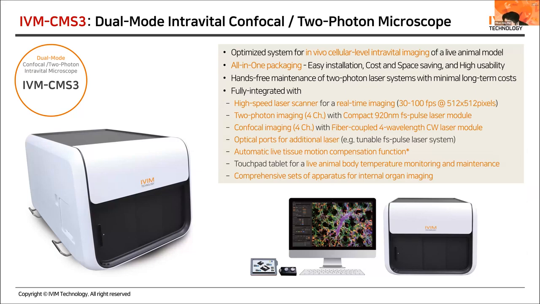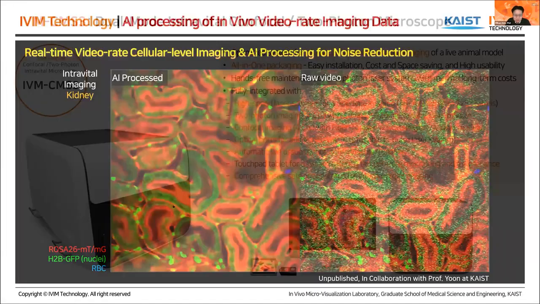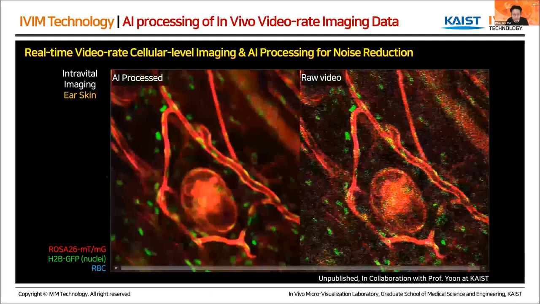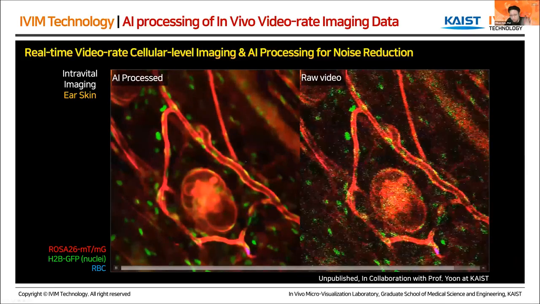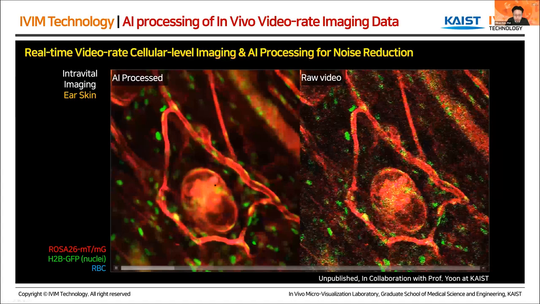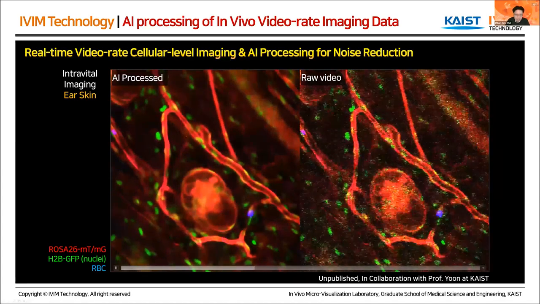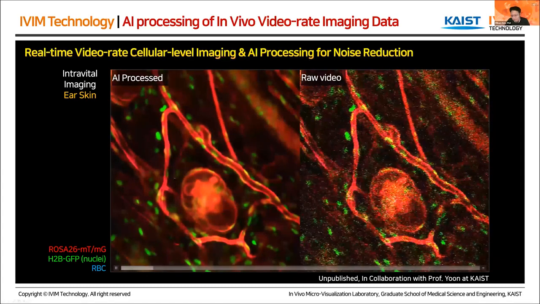And then the next question is, can you image nerves and vessels in the skin without a window? What's the penetration depth? Oh, yes, of course. We can easily image the nerve and vessel in the skin. This data was obtained from the skin without a window, and we can easily see the vessel with the labeling.